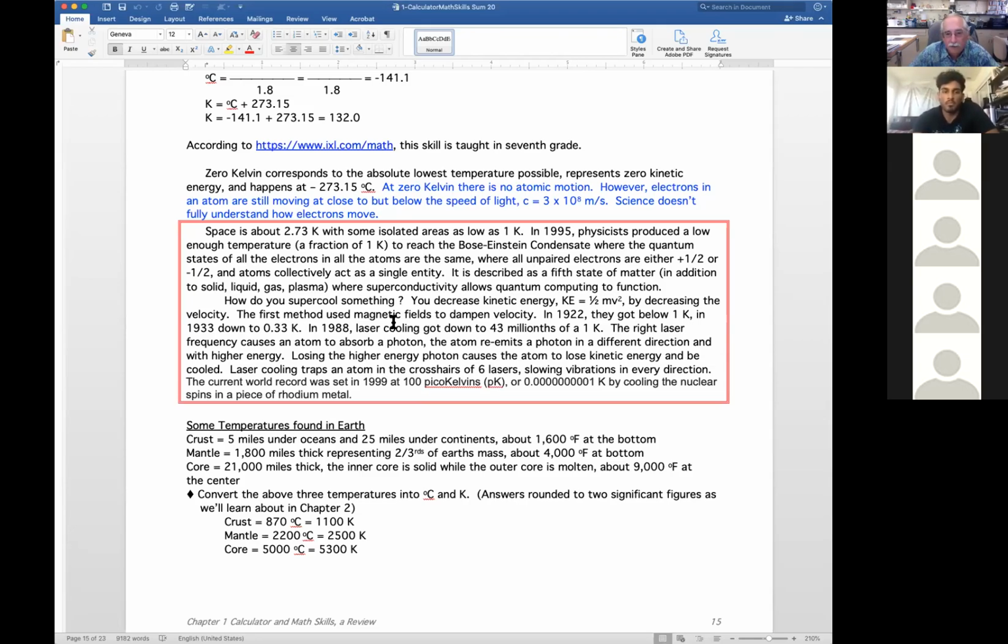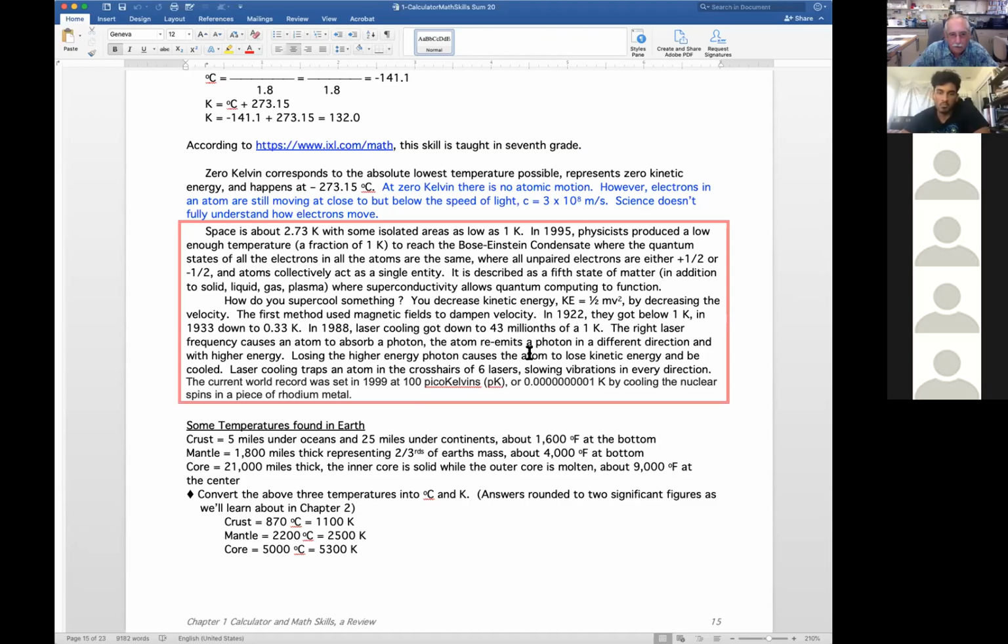So the first method, they use magnetic fields to dampen the velocity. Like I was saying, in a solid, the particles are bouncing all around, right? So they were using magnetic fields to dampen it this way and then dampen it that way. And as you lowered the velocity, you lowered the kinetic energy, which is directly related to the temperature.